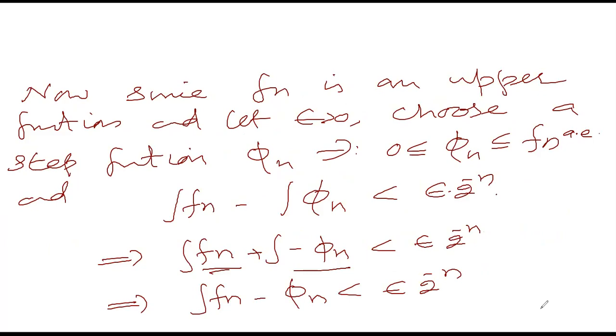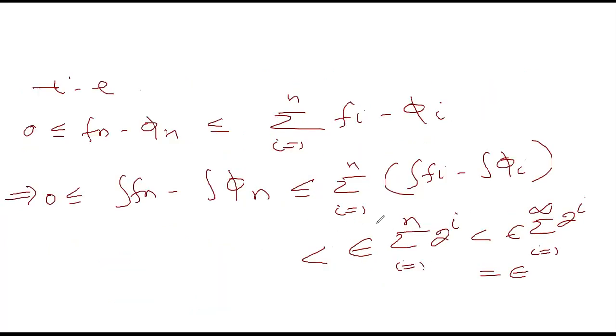So this is less than or equal to epsilon times 2 power minus i, and that sum is equal to 1, so it's less than epsilon.